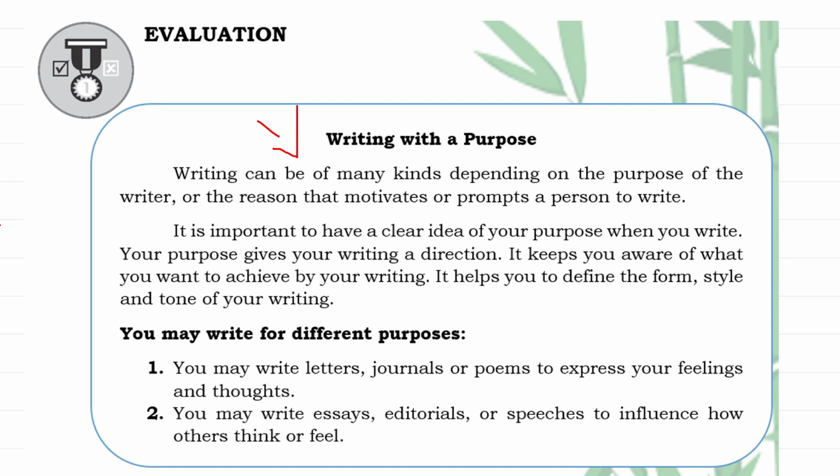It helps you to define the form, style, and tone of your writing. You may write for different purposes. For example, number 1, you may write letters, journals, or poems to express your feelings and thoughts. Number 2, you may write essays, editorials, or speeches to influence how others think or feel.